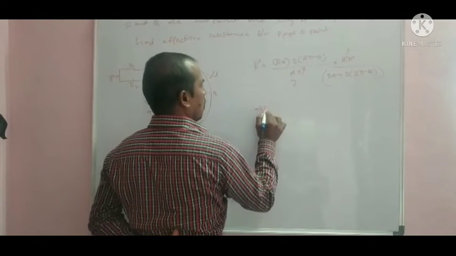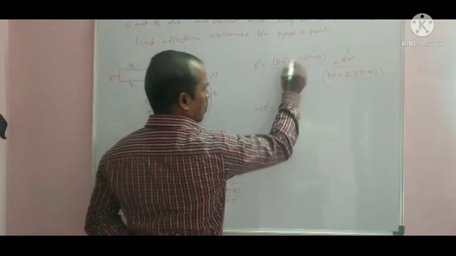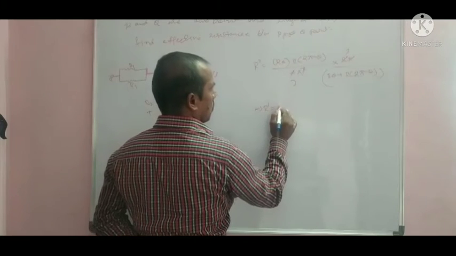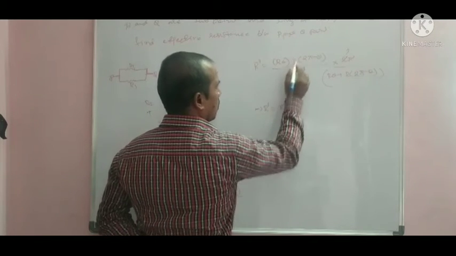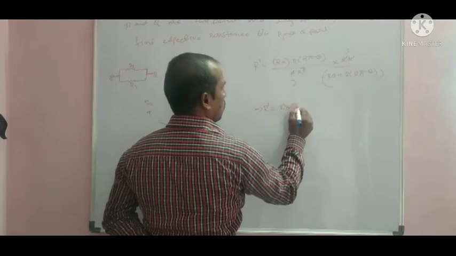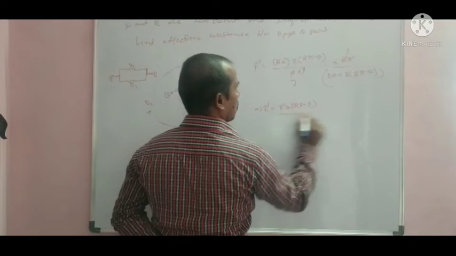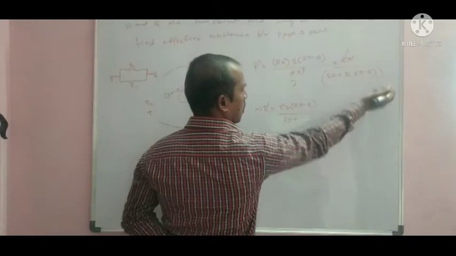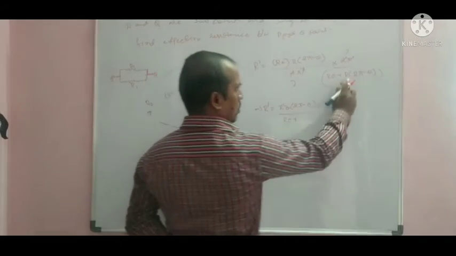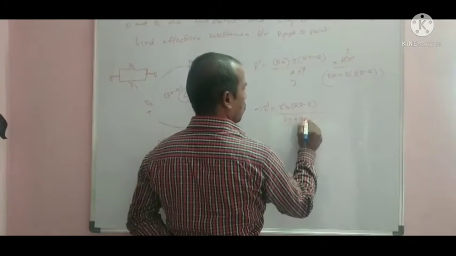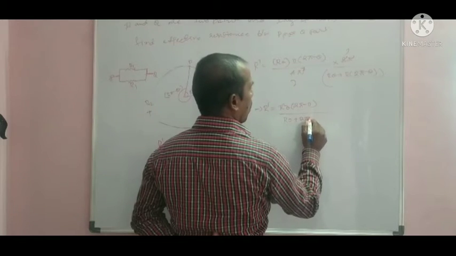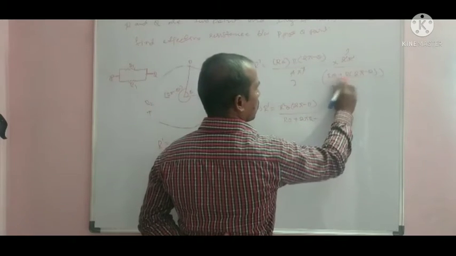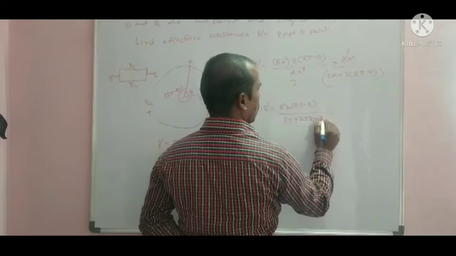That means r prime is equal to r square theta into 2 pi minus theta by r theta plus, by cross multiplication inside, r into 2 pi, 2 pi r minus r theta.